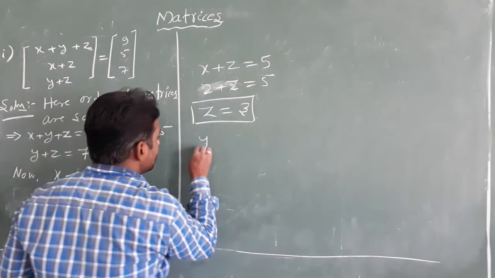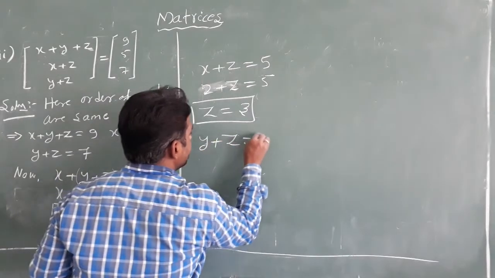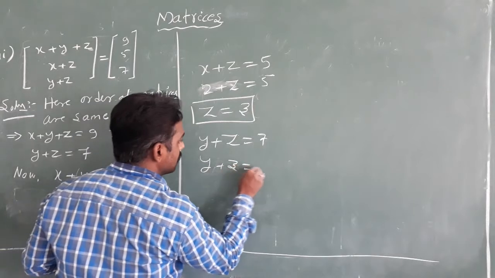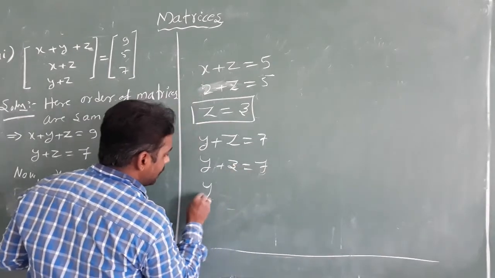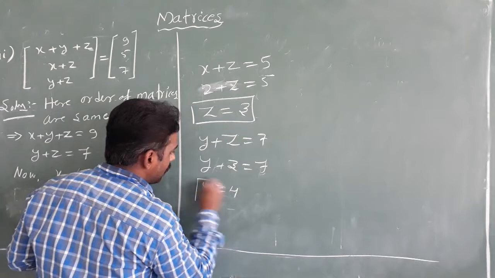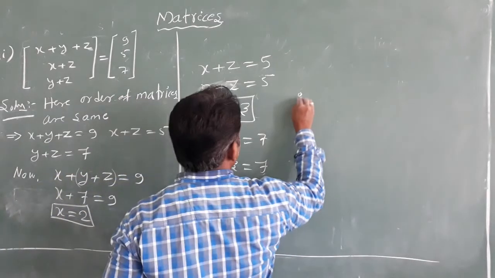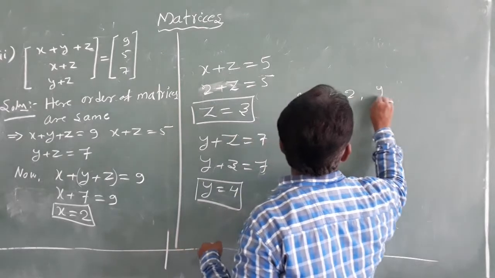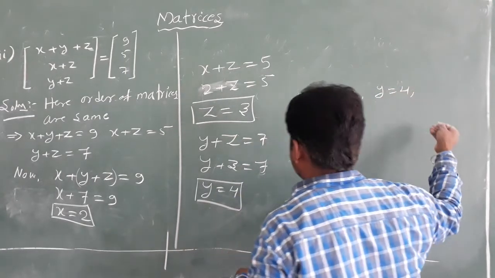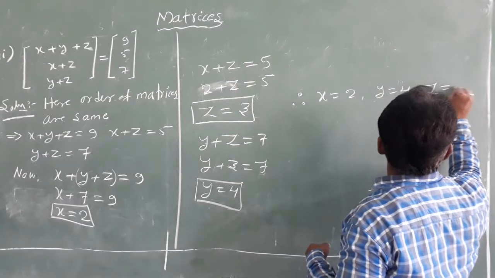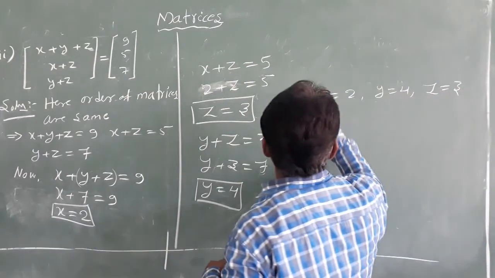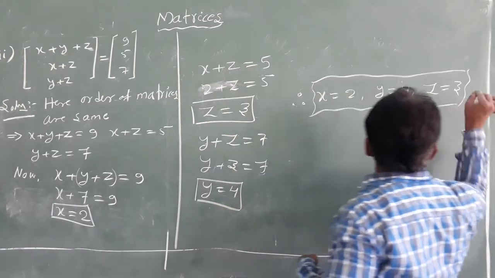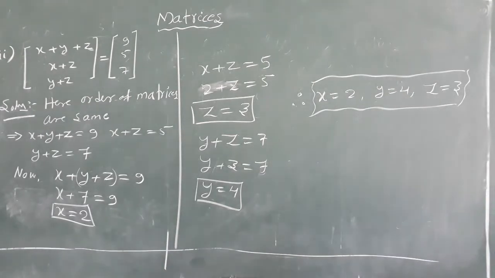That is y plus z equal to 7, so y plus 3 equal to 7. So you get y equals 4. Therefore x equal to 2, y equals 4 and z equals 3. These are the values of x, y, z. Simple thing is this, students.